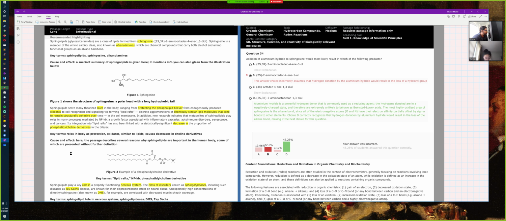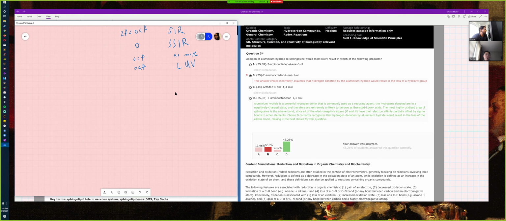Okay, so they're saying addition of aluminum hydride. What's hydride? Like hydrogen, basically. H what though? Well, aluminum hydride, I'm thinking AlH3.